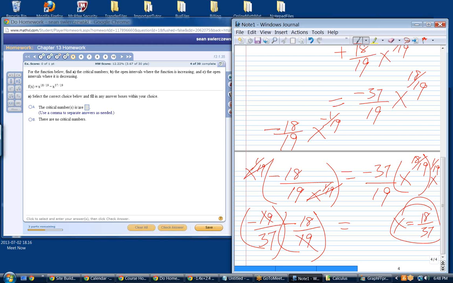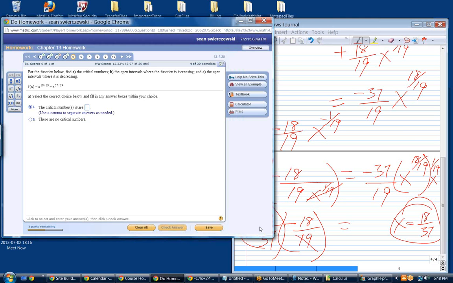So x cannot be equal to 0. So let's try 0, comma, 18 divided by 37.